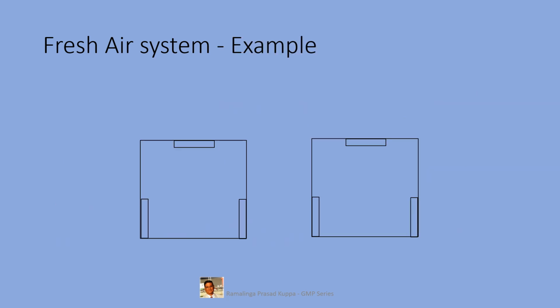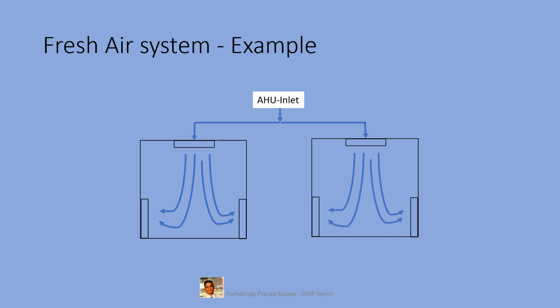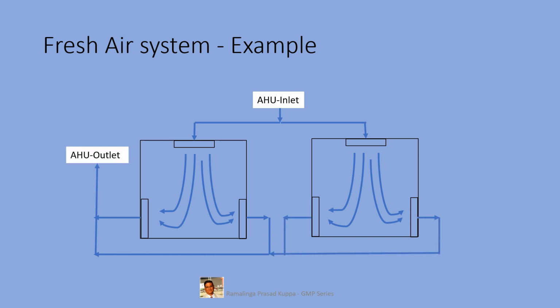Let us see one example of a fresh air system. As in the previous example, there are two clean rooms with inlet filters and outlet exhaust filters. You have an air handling unit inlet with filtered air which is pumped into the clean rooms for effective flushing, and the return, after the return filters, goes to the AHU outlet which sends it out into the atmosphere.